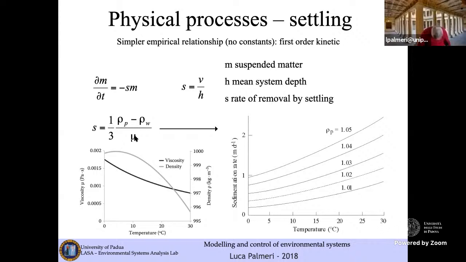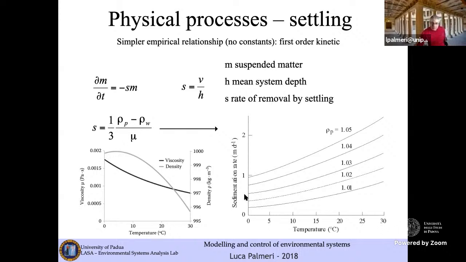submodel, you may obtain a dependence of the sedimentation rate, or rate of removal by settling S, because we have been able to express it as a dependence on the density of particles and the viscosity.